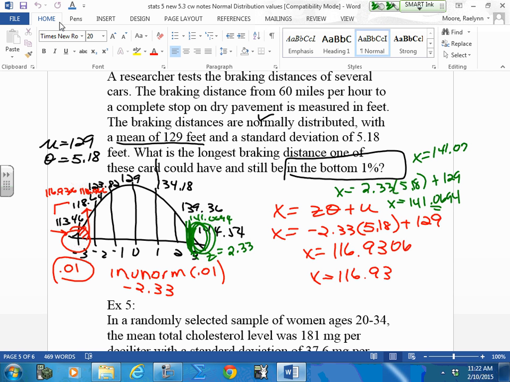If it takes you 141 feet to stop versus 116 feet, which one would you rather stop in? 116 feet or 140 feet? 116, that's at least another car length or more, right? So to me, the bottom would be the longer braking distance.